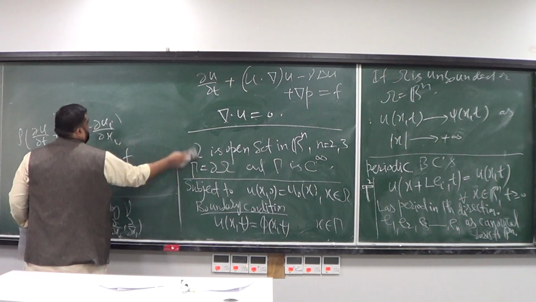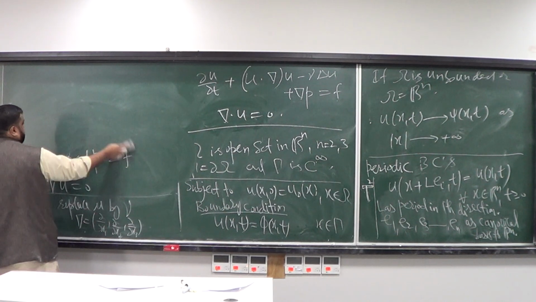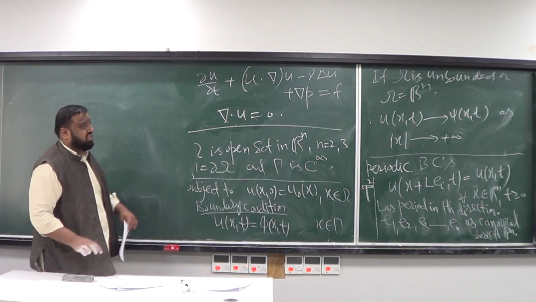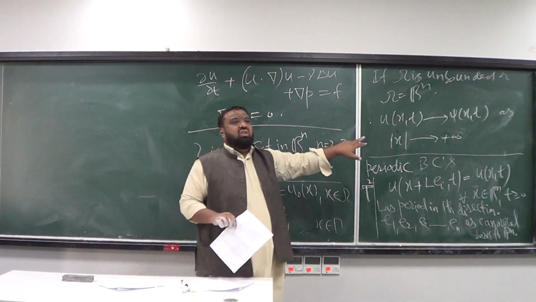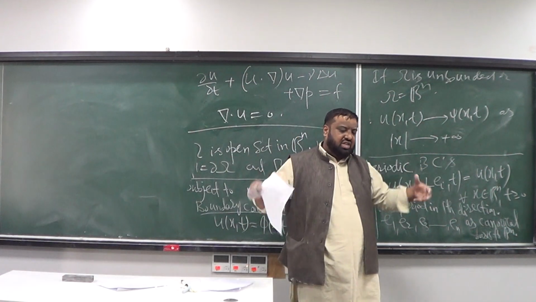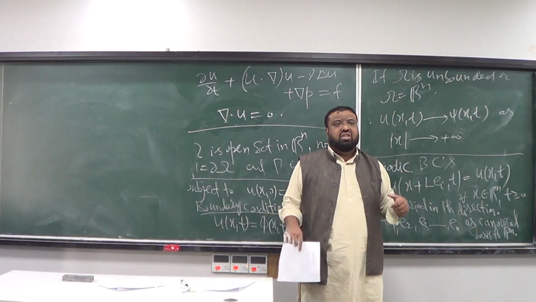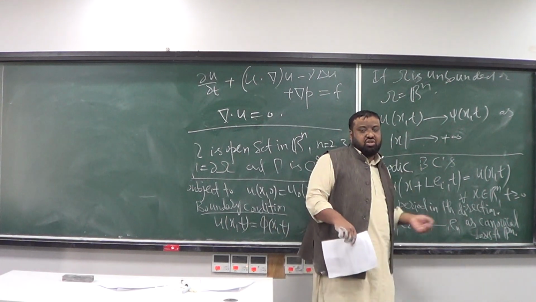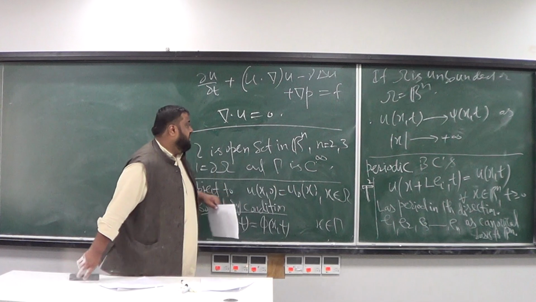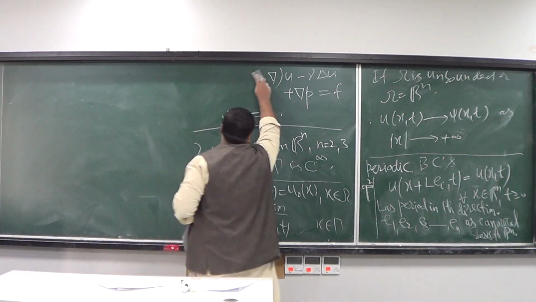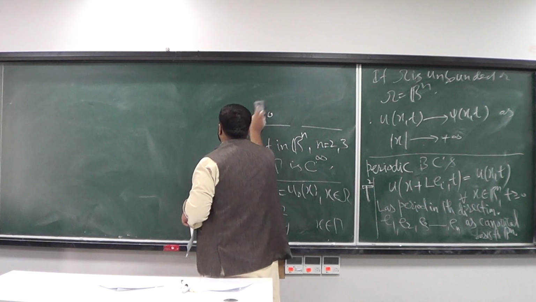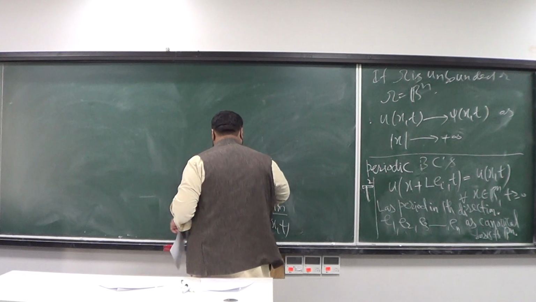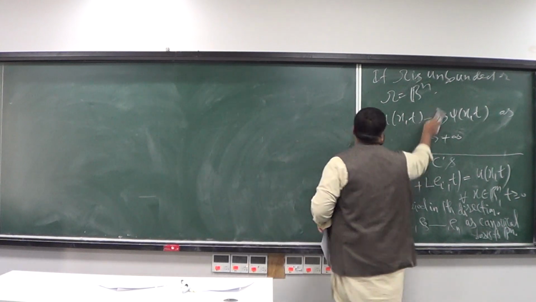Now I'm going to talk about the functional setting for each one of these situations: the situation when omega, the region which the fluid fills, is bounded, the situation when it is unbounded, or the situation when you are sitting on a torus. I'll talk about all three situations, what the functional setting would be, and the meaning of a Stokes operator in each of the situations.